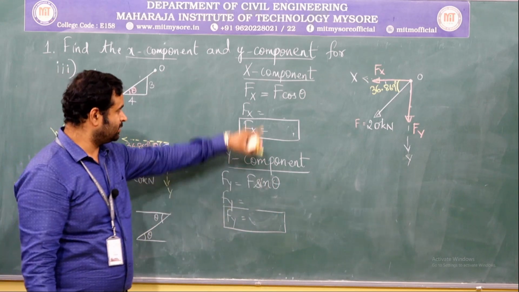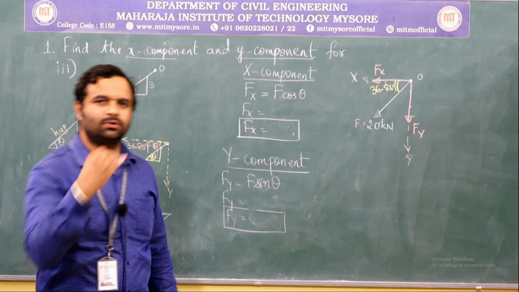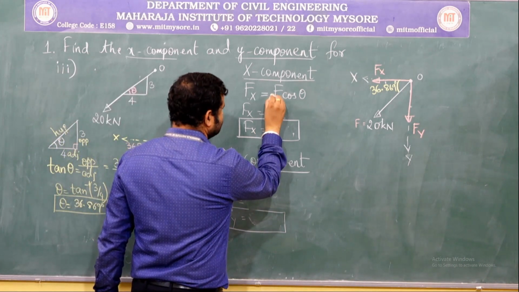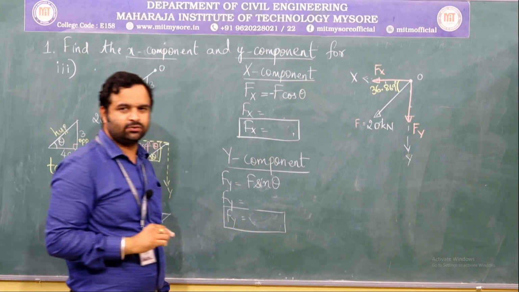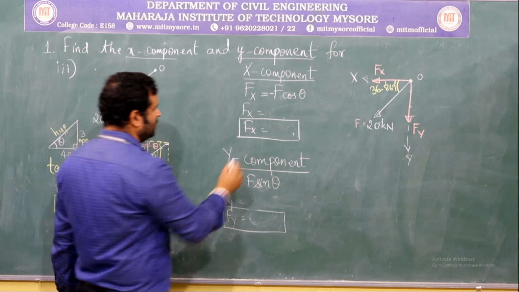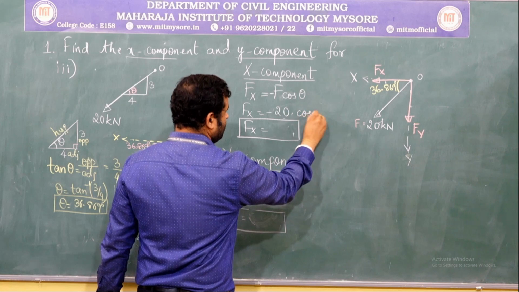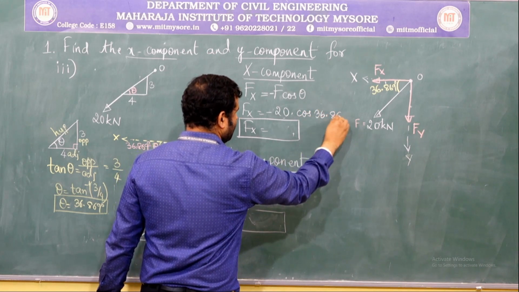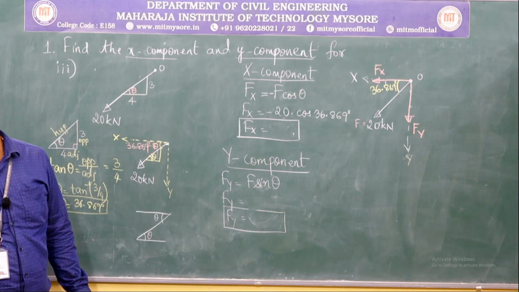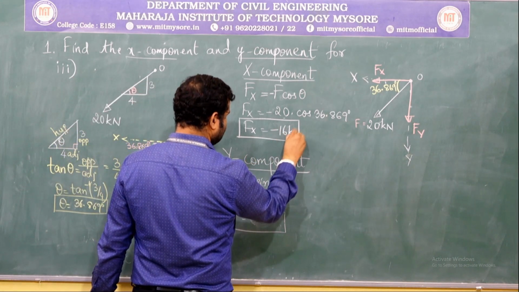This is applicable only when you write the angle of inclination with respect to horizontal. So, F cos theta, that means it is minus. Why is Fx minus? Because it is measured towards the left. So, minus 20 into cos 36.869 degrees, that will be equal to minus 16 kilonewton.